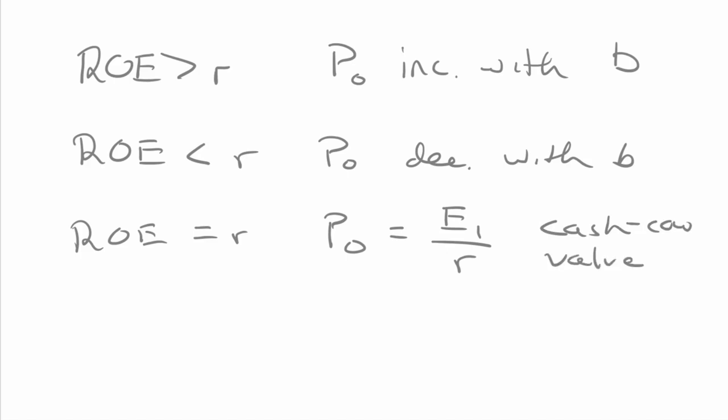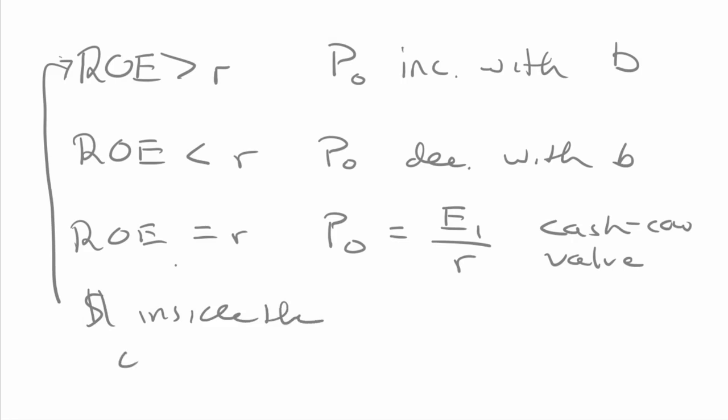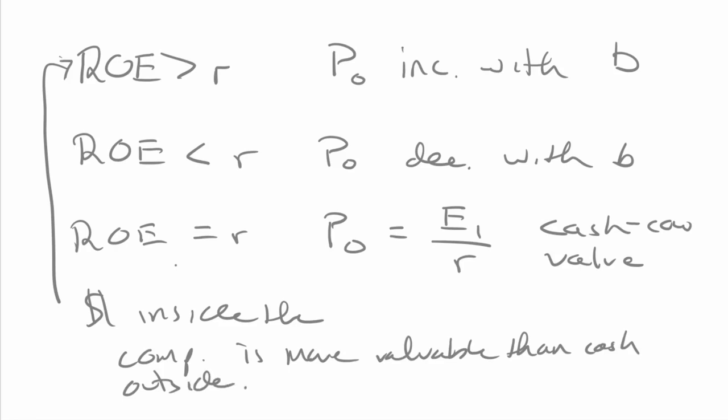So when ROE is bigger than R, cash inside the company is more valuable than cash outside. That's why it's better to grow the company.